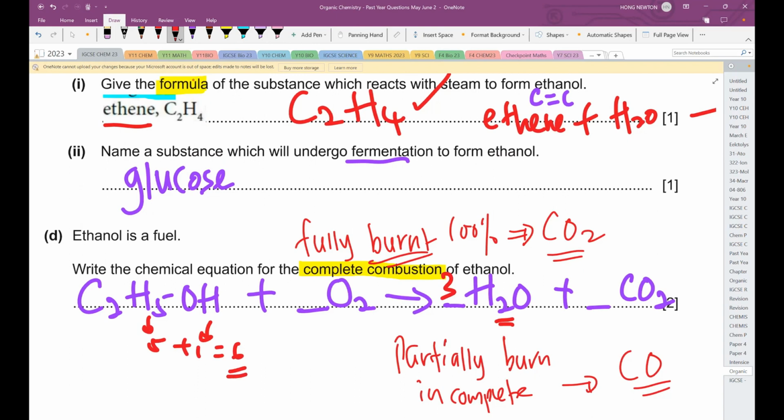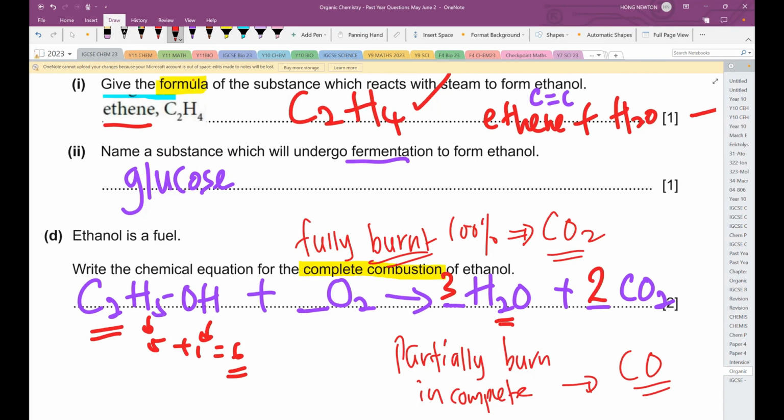So now the hydrogen is balanced already. Look at carbon. How many carbon? 2 carbon here, so this side also has to be 2 carbon.